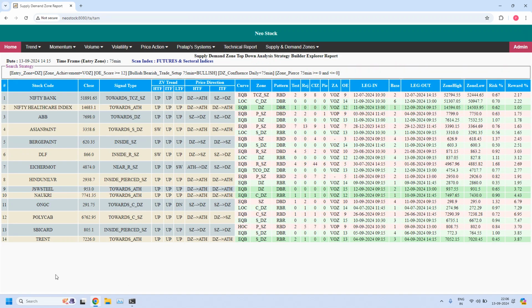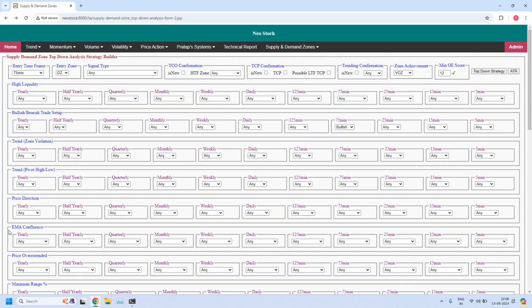14 stocks are filtered. 75 is part of daily. So daily trend is uptrend. Because the 75 minute zone is part of the daily zone, and the daily zone has daily EMA confluence, they are high probability trade setup. So in the EMA confluence at daily time frame, I am enabling daily demand zone with daily EMA confluence.